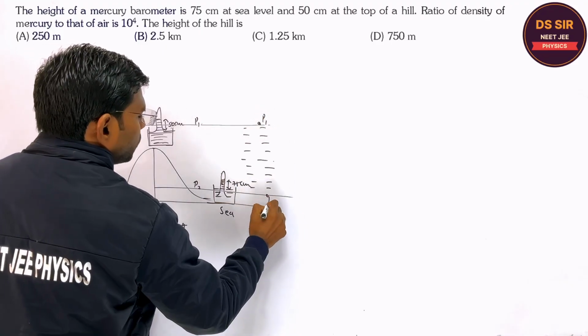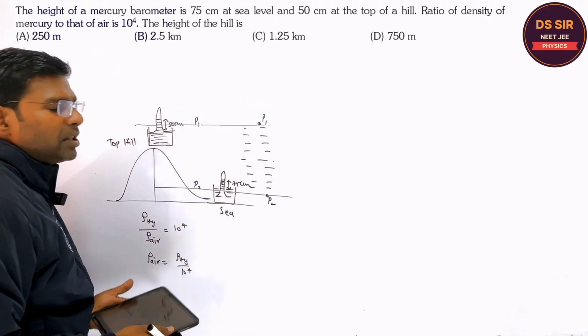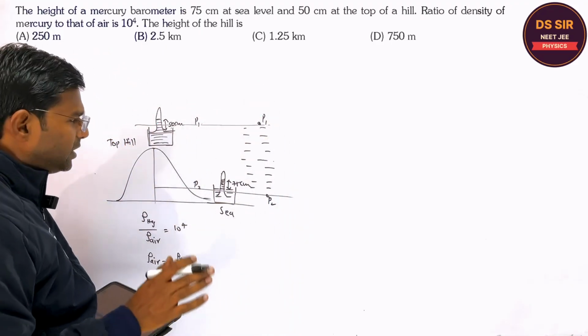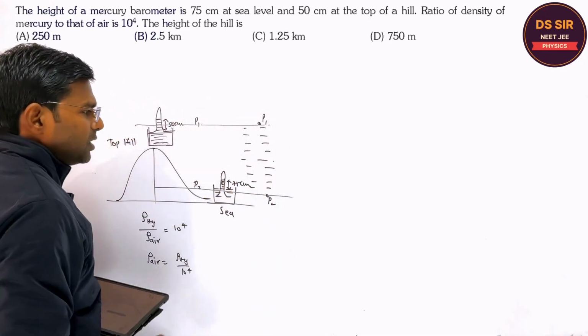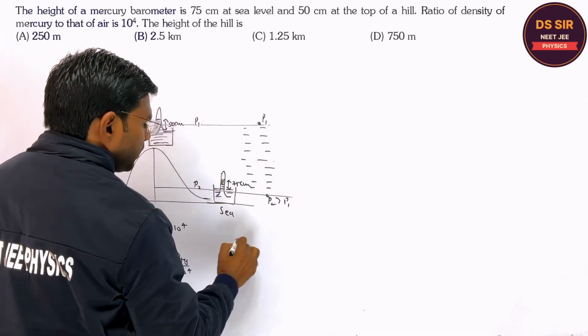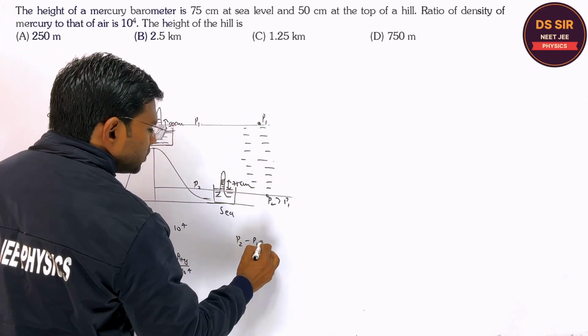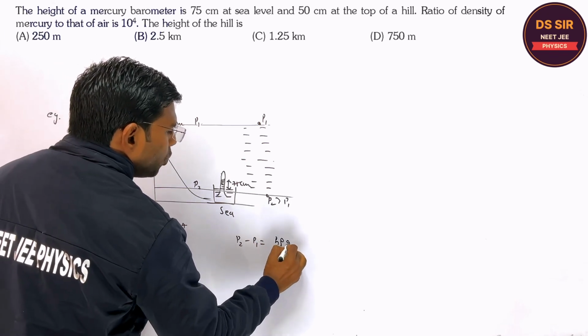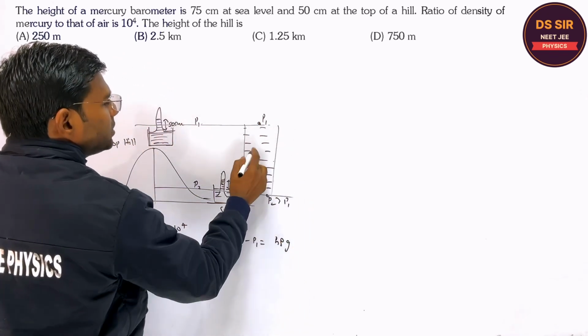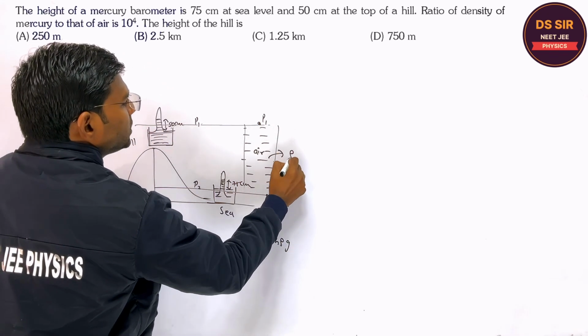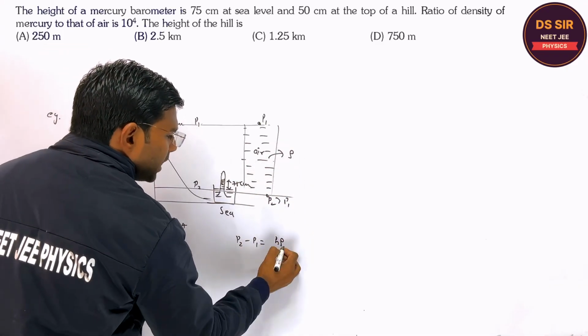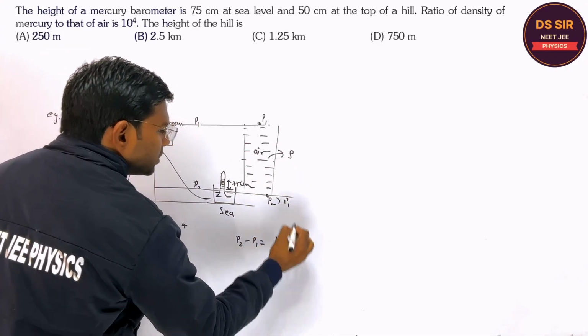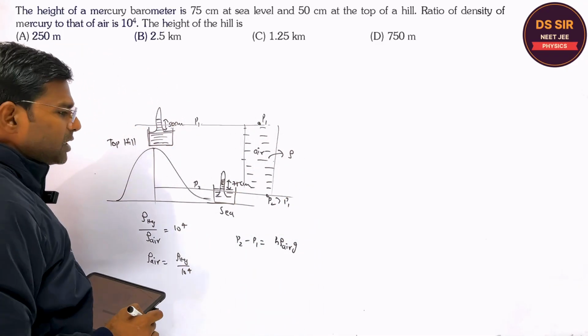As we go down, the pressure will increase or decrease? Definitely, the pressure will increase. P2 is greater than P1, and P2 minus P1 is equal to h rho g. This is the air column. So what density will be over here? The density of air will come in this expression.